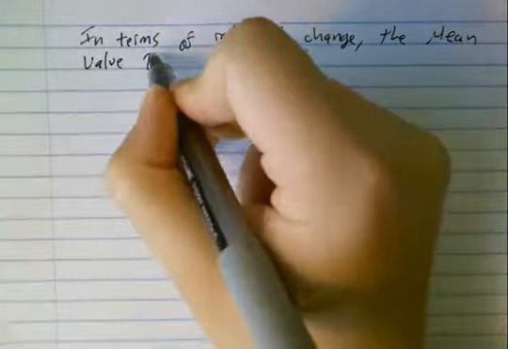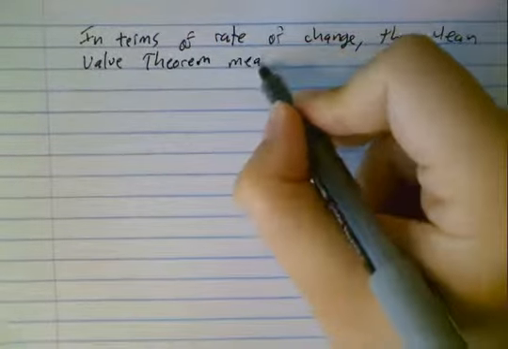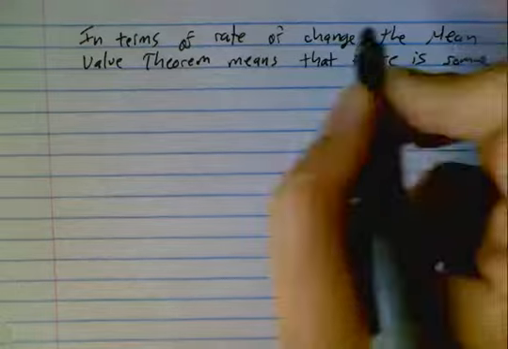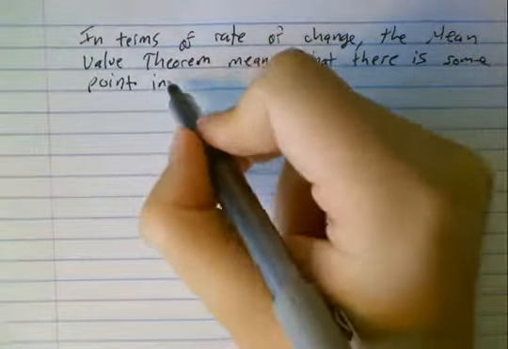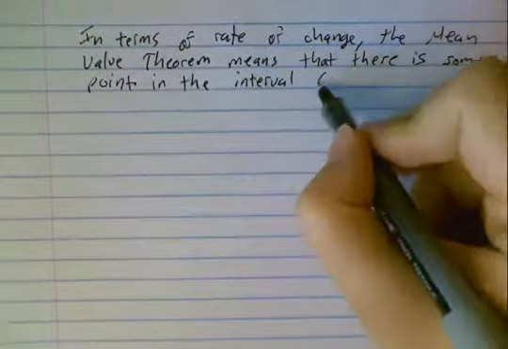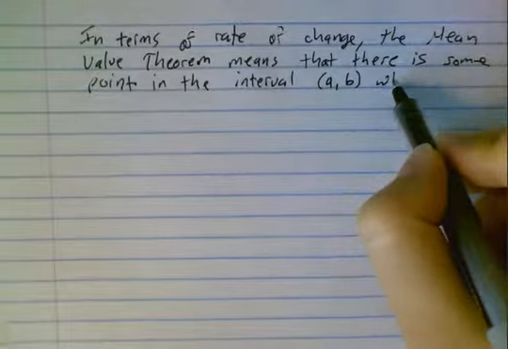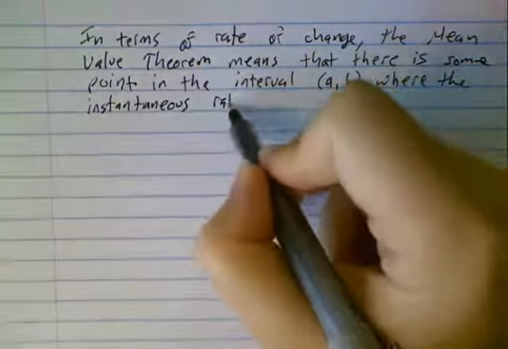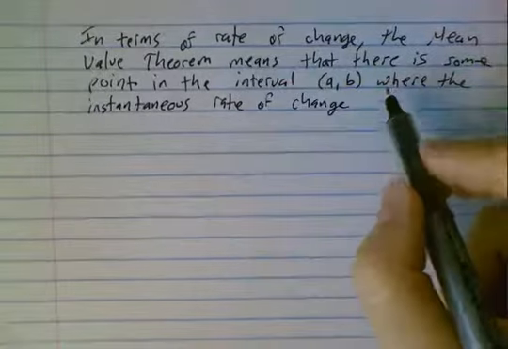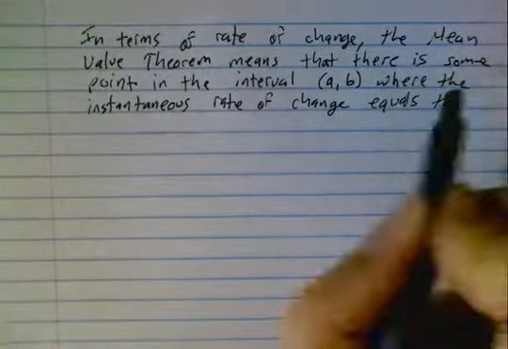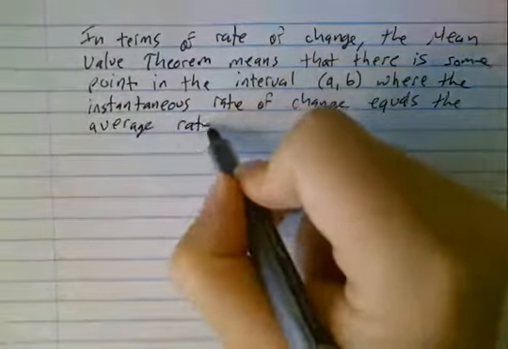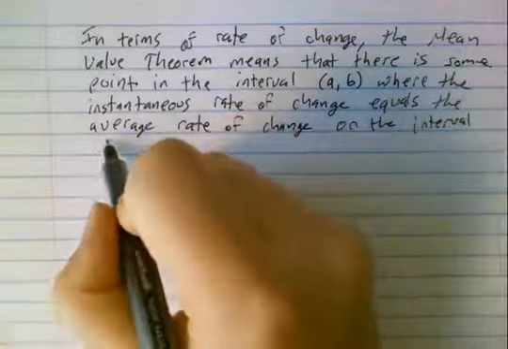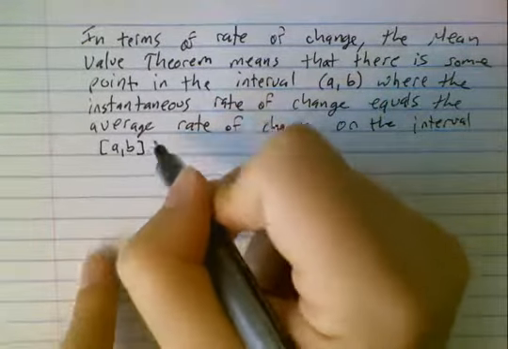The mean value theorem means that there is some point in the interval AB where the instantaneous rate of change, so for example velocity, equals the average rate of change. So this is actually quite useful for real-world examples.